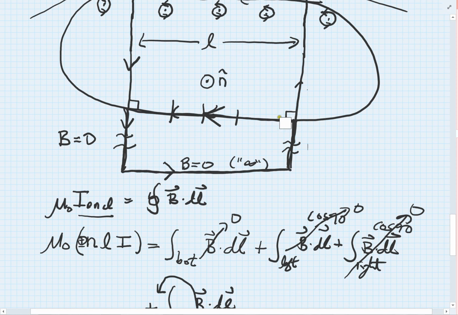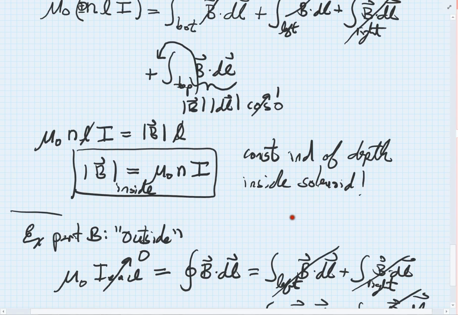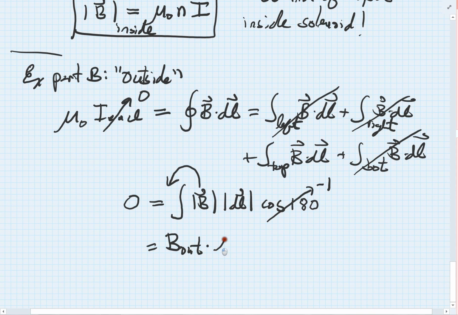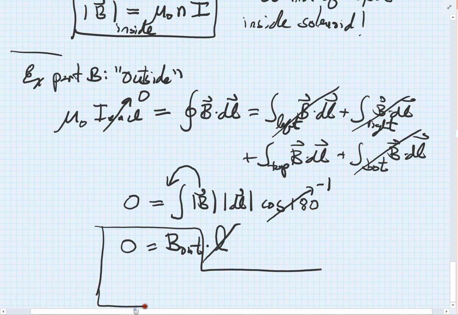So I add up all the lengths along this top segment of my rectangle. That will just give me times L. And this, of course, we can solve. We can simply divide both sides by L, and we conclude that the magnetic field outside a solenoid, if it's infinitely long, is 0, and if it's of a finite length, it's very close to 0, to a good approximation.